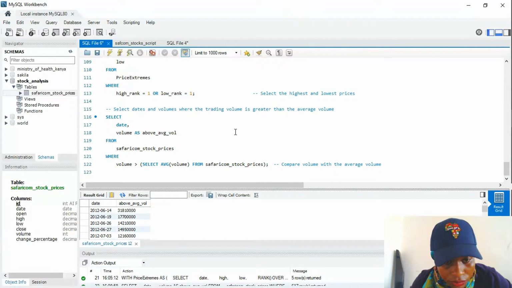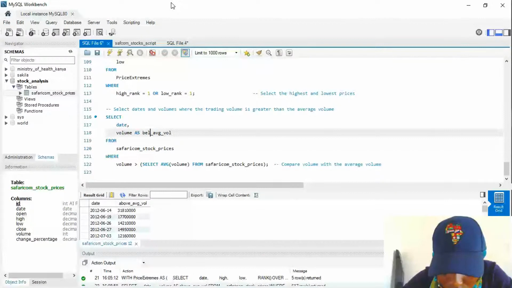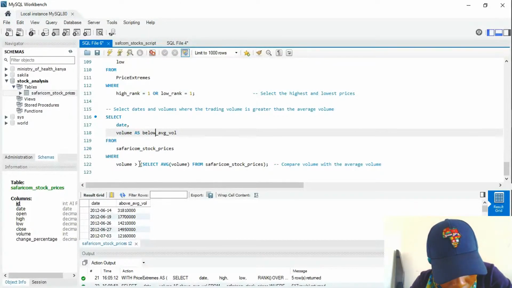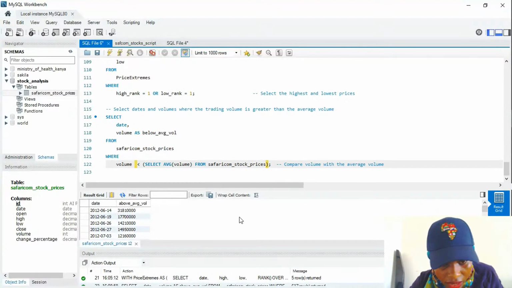So let me just manipulate this one to tell us below average, and now we want to make the volume less than. And you can also realize we've also used nested queries here, because this query is nested within another query.